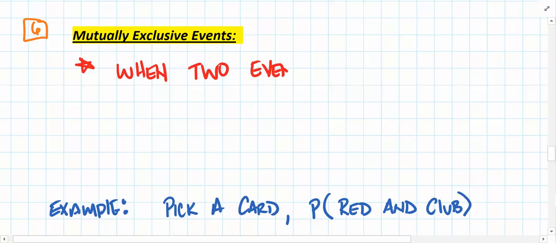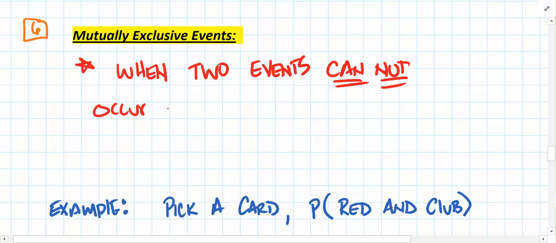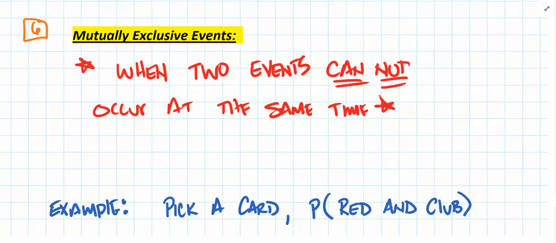So we say this: when two events cannot occur at the same time. Okay? At the same time. That's what we mean to say that two events are mutually exclusive. They cannot occur at the same time. If this is the case, then we define those events as mutually exclusive events, okay?